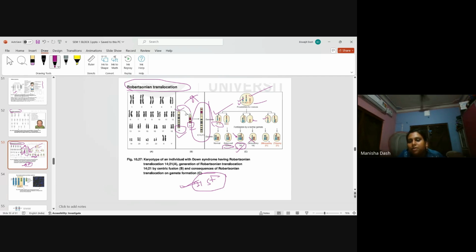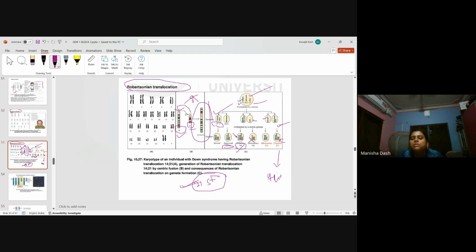Now, if you consider this condition particularly, here there are already 2 copies of the 21st chromosome, and a third copy will be provided by the normal gamete. So this fetus or zygote will develop trisomy Down syndrome. Okay.